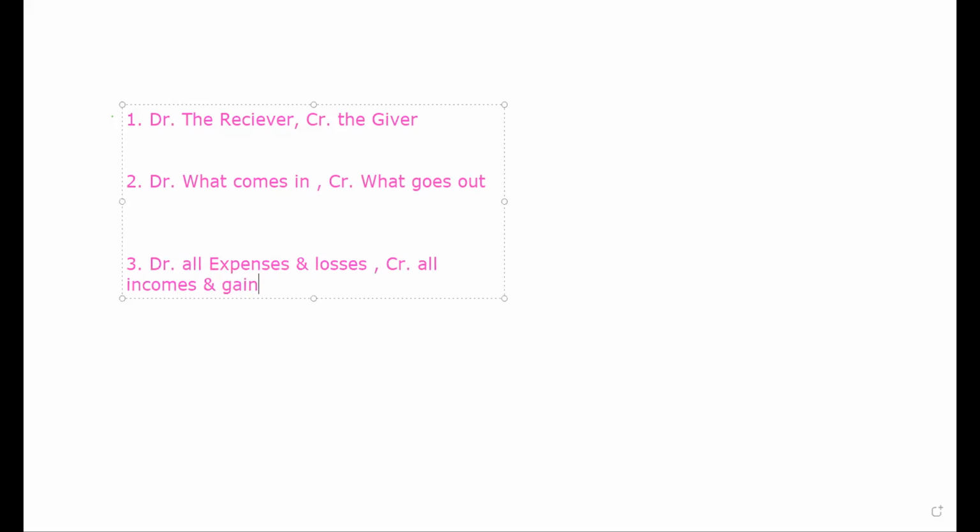So, these three rules we have discussed on the basis of the type of accounts that are very much helpful for journalizing. Whenever you have to journalize the things, these three rules should always be kept in mind. Yesterday, I have given you one example of these type of rules.